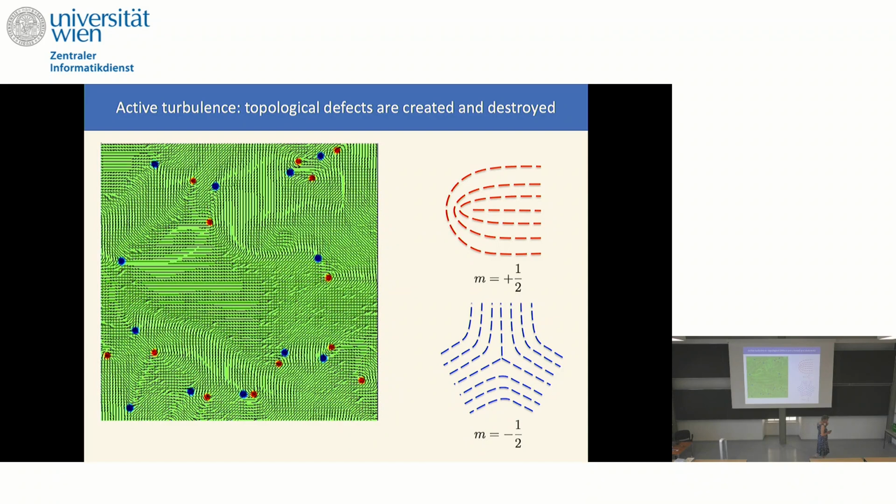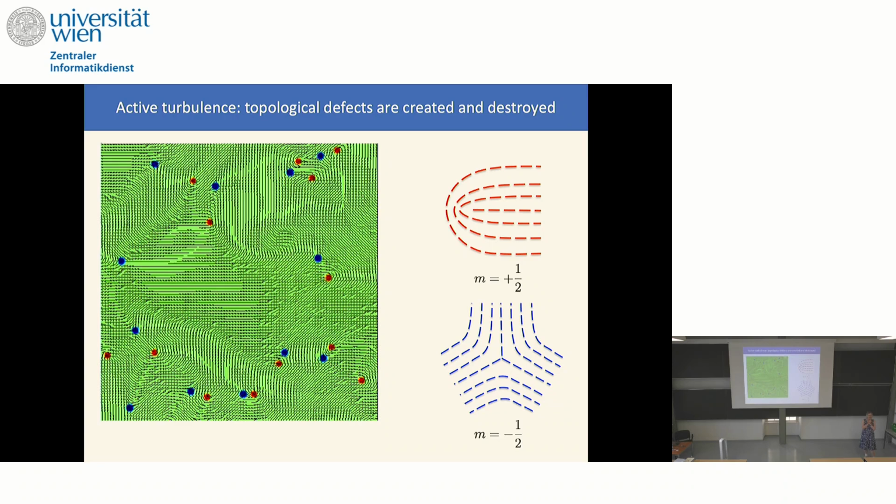So does that make sense? Well, it sort of does, right? Because this system is active. So you're pumping in energy. And this is the energy which gives you the ability to create these defects, to create distortions in the director field, which end up looking like a pair of plus and minus a half defects.